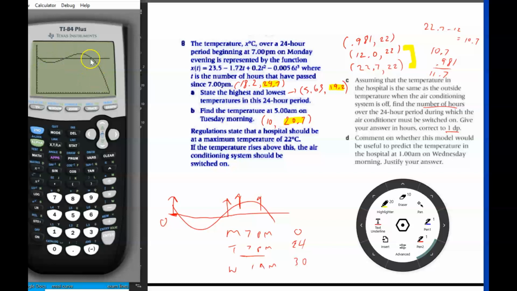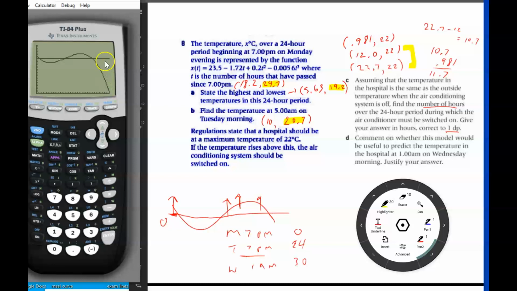These 3 points are the intersection points that we found, and right after it hits 24, the thing just goes to 0. So this model is not good for predicting anything past Tuesday at 7 p.m. So no, it's not good because obviously it's not going to go down to 0 degrees the next day, because I think we're talking about the summer since we're using the air conditioning.